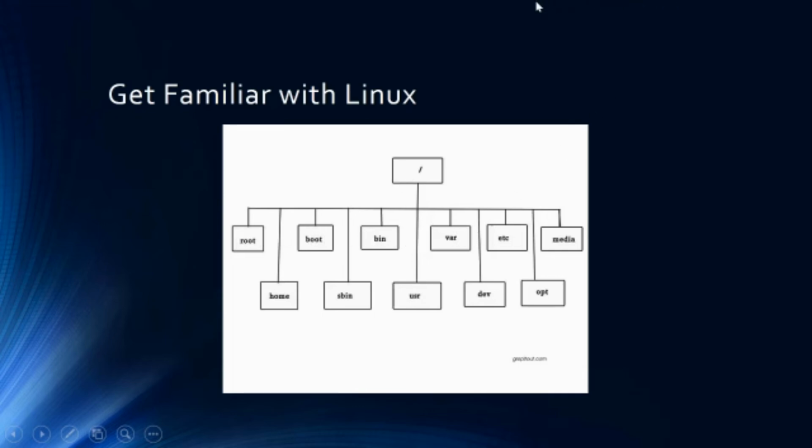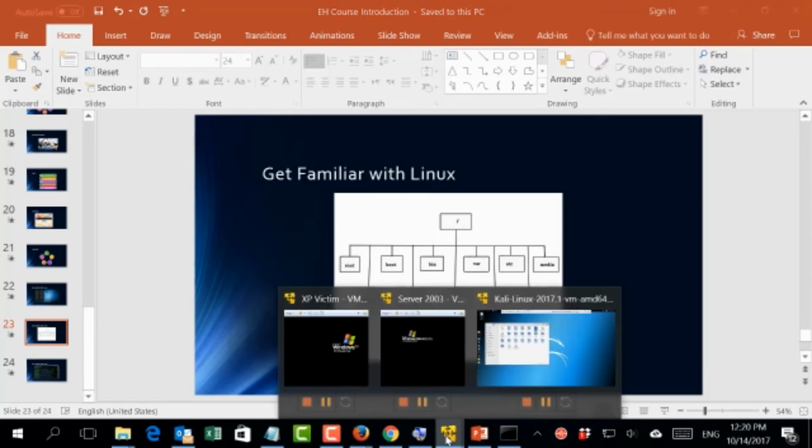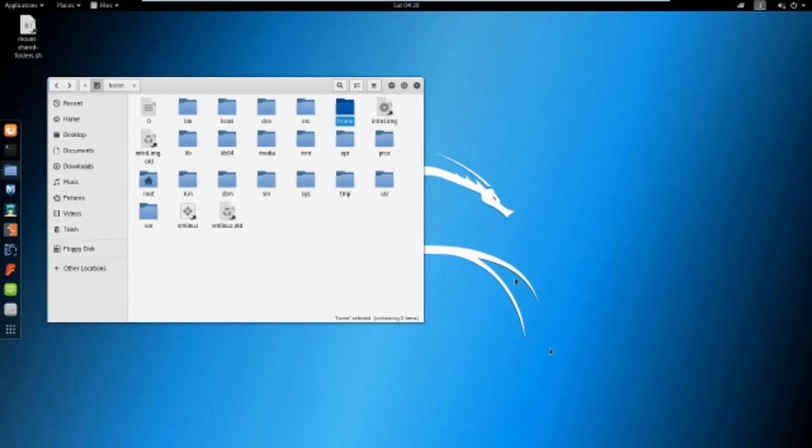And starting from the next lecture, I'm going to start showing you some small commands that will show you what kind of permission you have, where you are located, how you can change between different folders, and so on. Some of the tools will be found on this taskbar on the left hand side, and it can be customized.